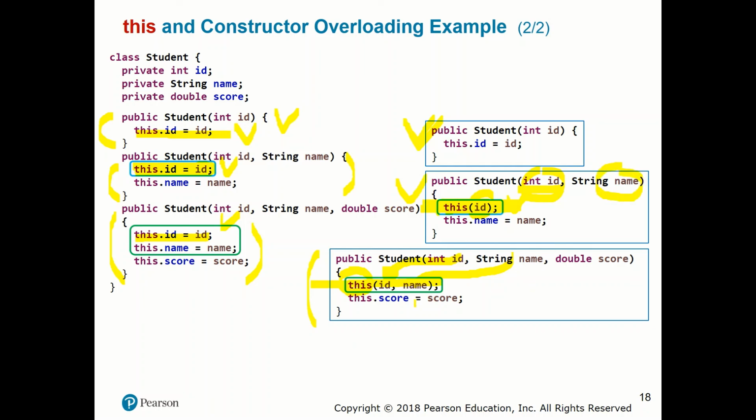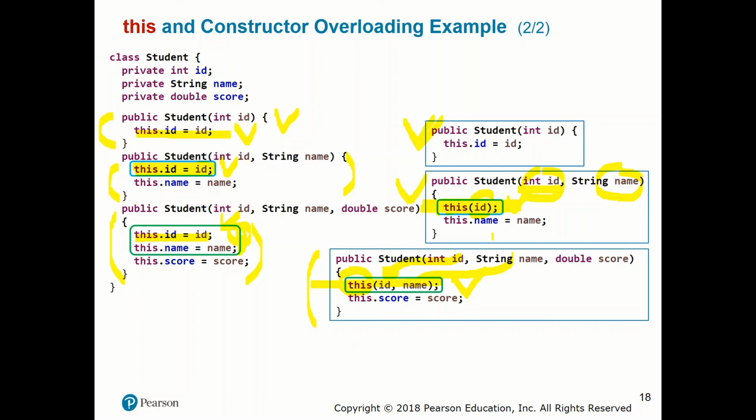So instead of writing like this, we can use this keyword. Okay, is it clear? I think this is the same as C++, so I think many of you already know this.